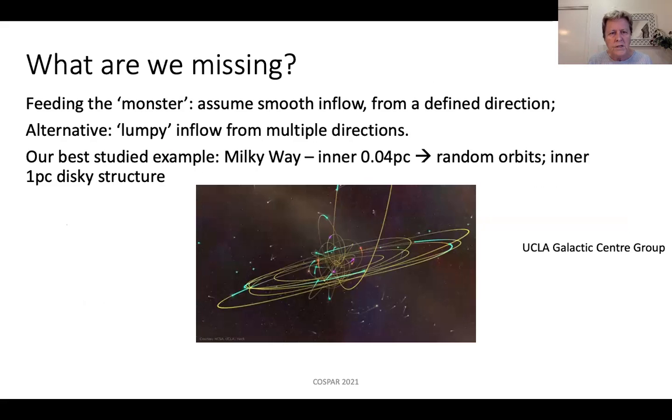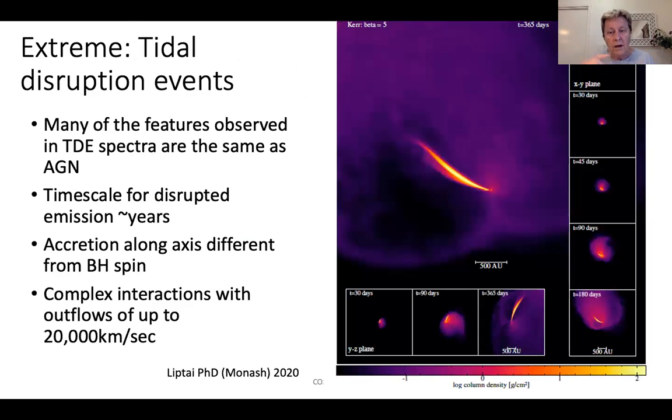My final comment is about whether we are missing something when we look at these outflows. We assume a static direction for the inflow. We assume that it's smooth, but perhaps it's lumpy. Indeed, if we look at the Milky Way, we see that the inner region has random orbits, so it's possible that the accretion is happening from a range of different directions.